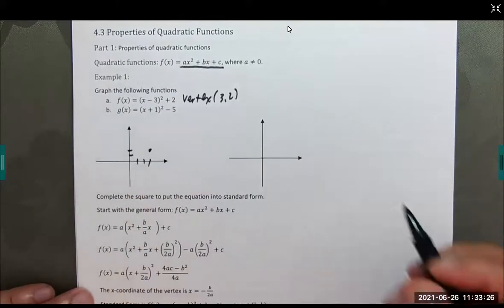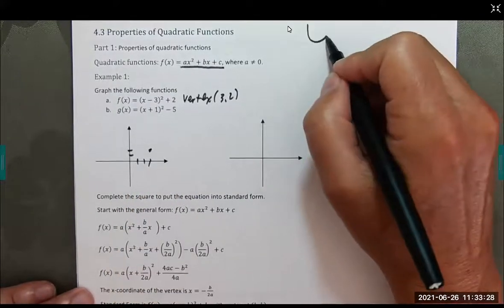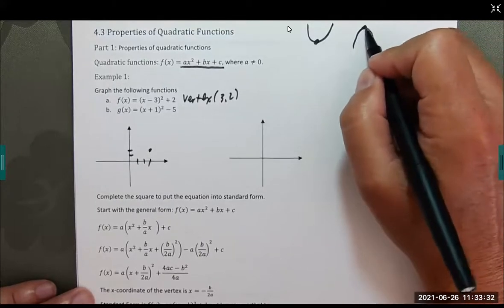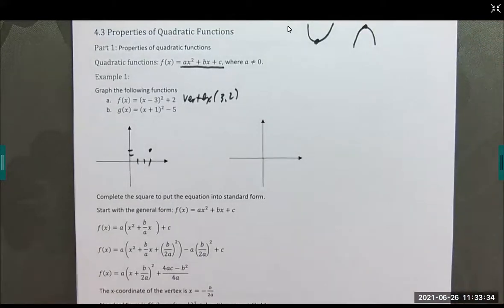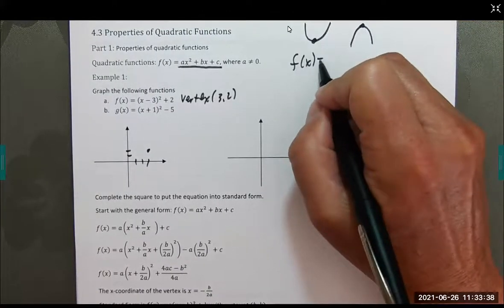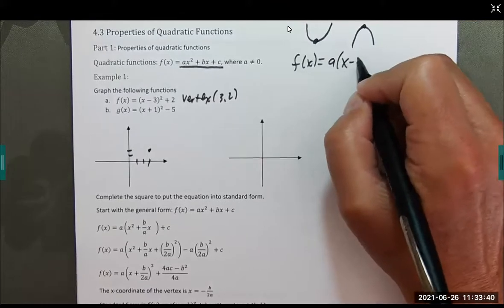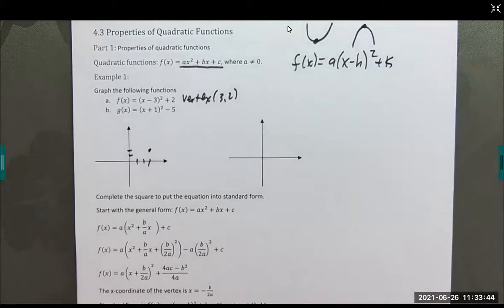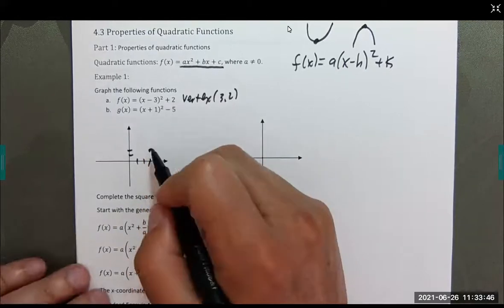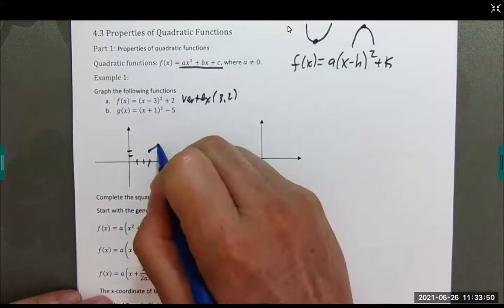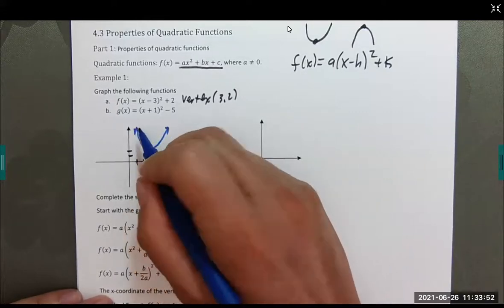The vertex is on a parabola, either the minimum point, or if it's upside down, it's the maximum point. And again, we're dealing with this form here. So our vertex is at (3, 2), so we can kind of see our parabola, and we'll get more into graphing it here in a moment.